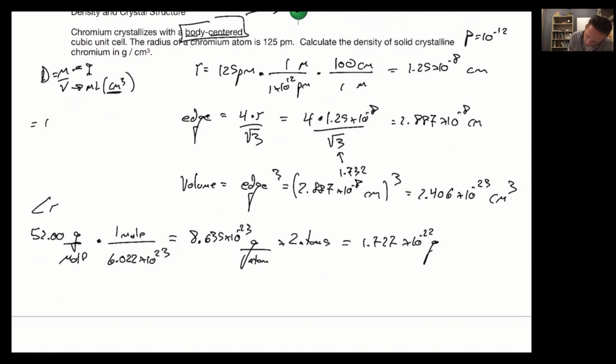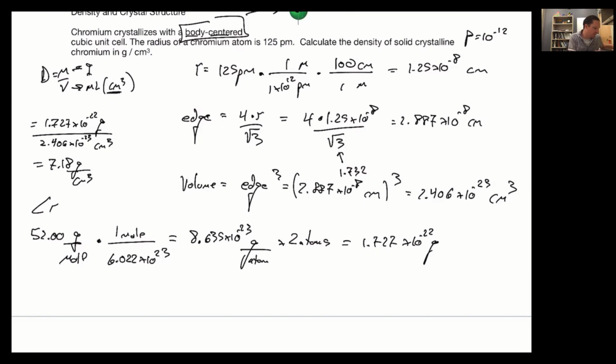The mass is 1.727 times 10 to the minus 22 grams divided by the volume, 2.406 times 10 to the minus 23rd centimeters cubed. So take your number that you got here in mass, divide by 2.406 times 10 to the minus 23rd, and you get 7.18 grams per centimeter cubed.